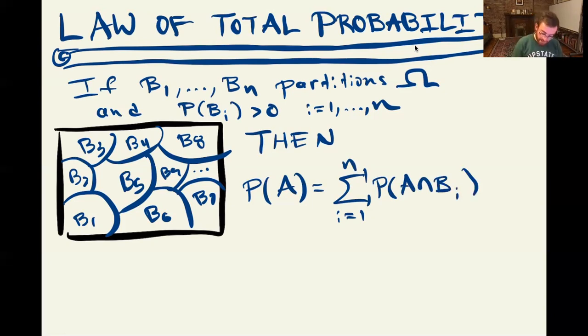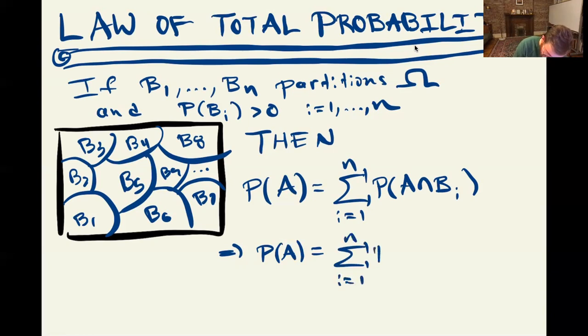Now we can combine this with the definition of conditional probability to get the following, which is that the probability of A is equal to the sum of a bunch of conditional probabilities. This is the probability where A occurs given that Bi occurs, of course, times the probability that Bi occurs.